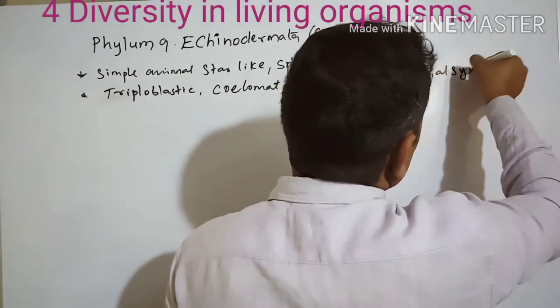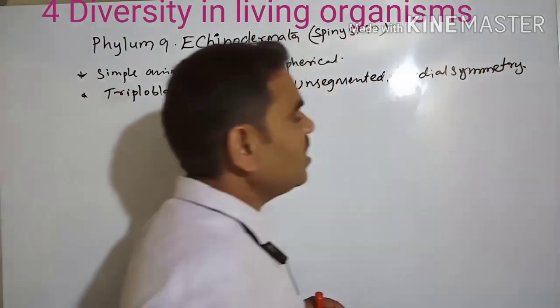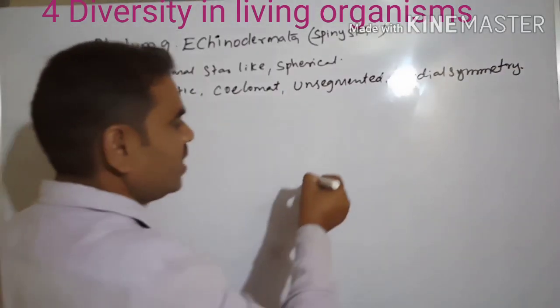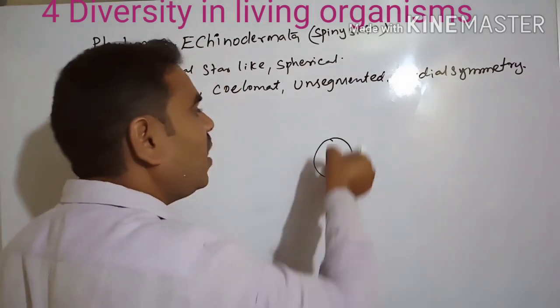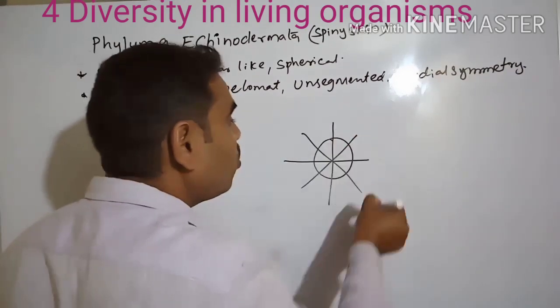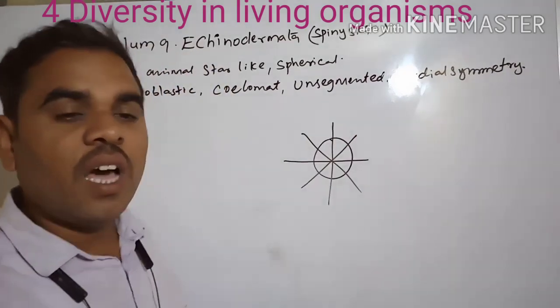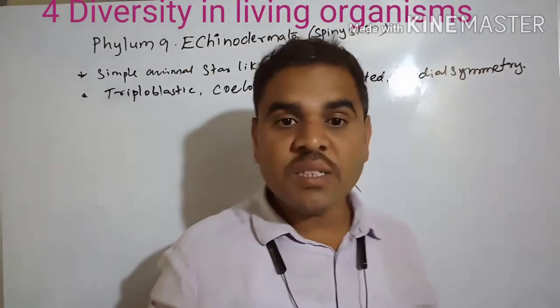See what is radial symmetry? If you cut along any plane, it will make two halves. We call that radial symmetry.